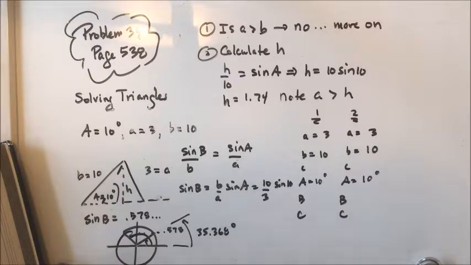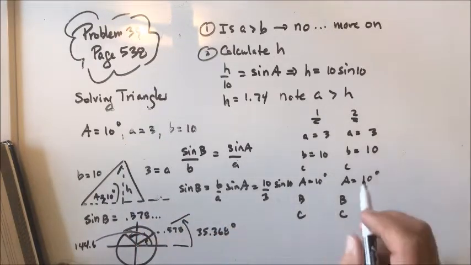If I subtract that from 90, I find this angle from here to here is 54.6, and if I go ahead and add that to 90, seems odd, doesn't it? Then I find that this angle right here is 144.6. So let's go write those up there.